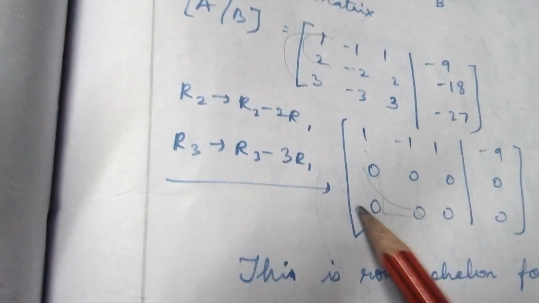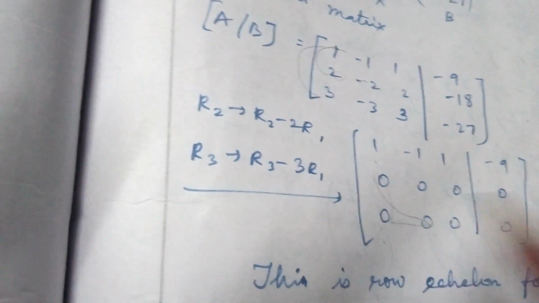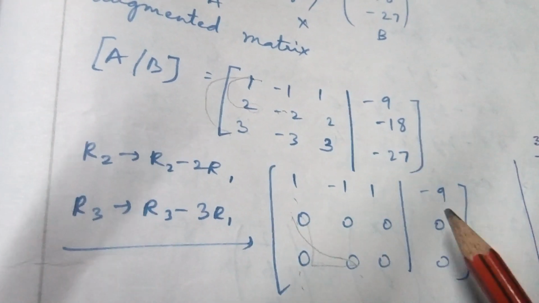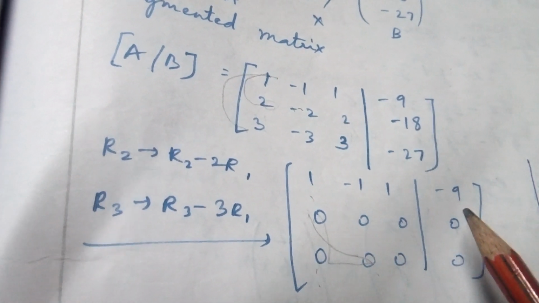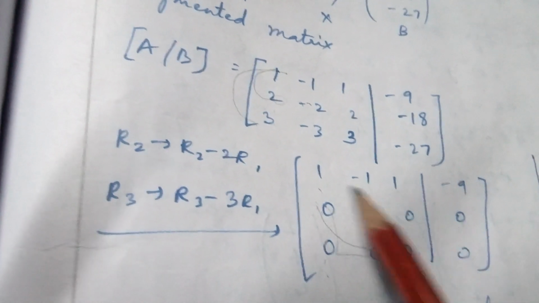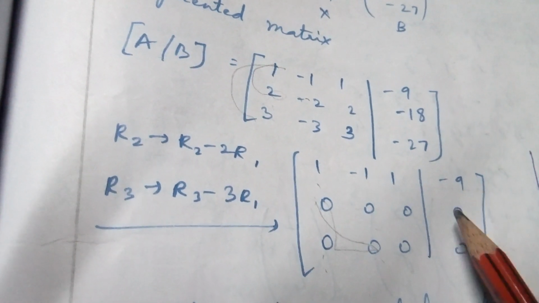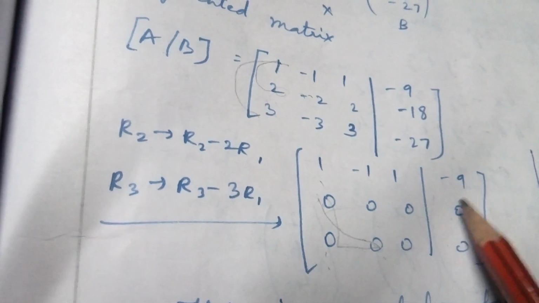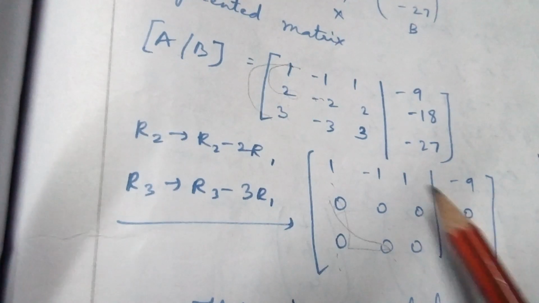Here the third row triangle shape also 0 will come. The step is over. See here children, is there any possibility that any row is converted to 0? No. Now, what is the rank of A comma B? Only one row is non-zero, the remaining two rows are 0, full elements are 0. So the rank of A comma B is 1.